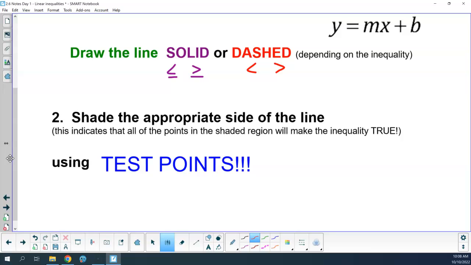Now, for me, I'm a test point type person, okay? Where I pick a point not on my line, and I plug it back into my original inequality, and it all depends on the truthiness. If it's true, I shade on that side of the line. If it's false, I shade on the other side. Okay? Right, you look a little confused by that.